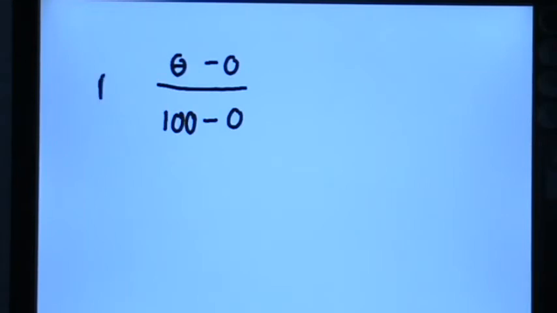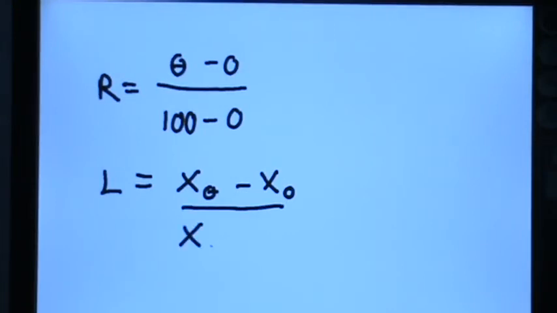This is the right hand side, and the left hand side we can write something about the length of X for the theta, for the temperature of the liquid that you put in, and the temperature of the one that you have 0 Celsius as melting point, and then this one 100 minus this one.